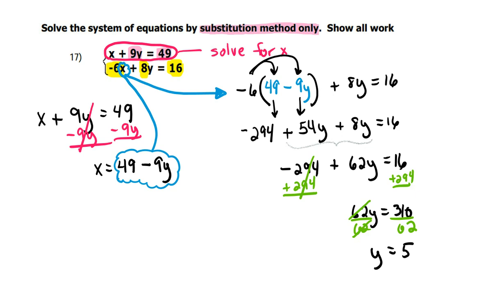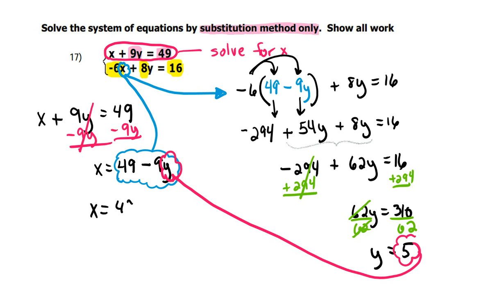So 5 is my answer for y, but I still need x, so I'm going to take the 5, which is y, and plug it in here, because x equals 49 minus 9 times whatever y is. And that's just plugging and chugging. So put the 5 here, and that's going to be 49 minus 45, which is 4.